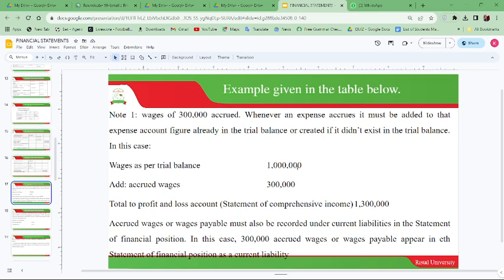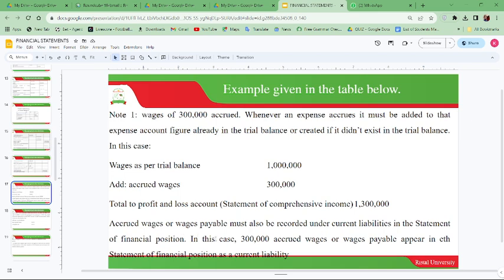So here we have to add to get the total amount of wages, so that the total to the profit and loss account is 1,300. This is the amount that we shall take to the profit and loss account. Accrued wages or wages payable must also be recorded under current liabilities in the statement of financial position.